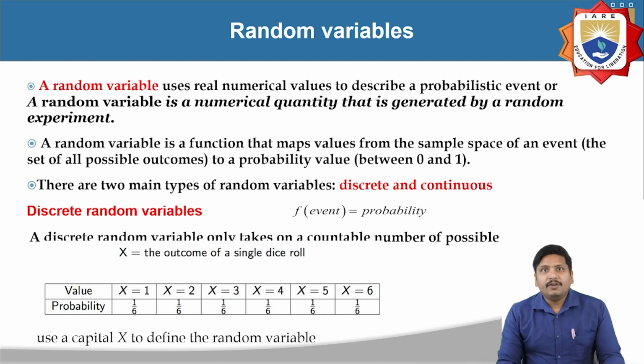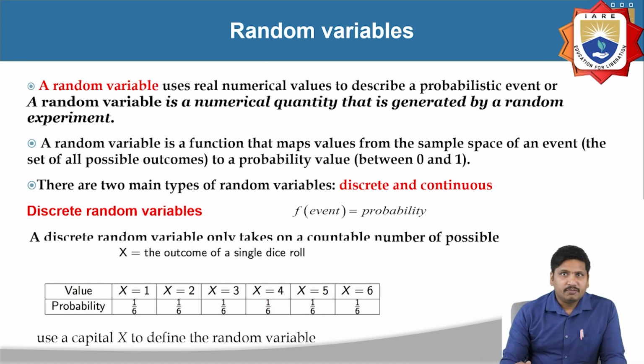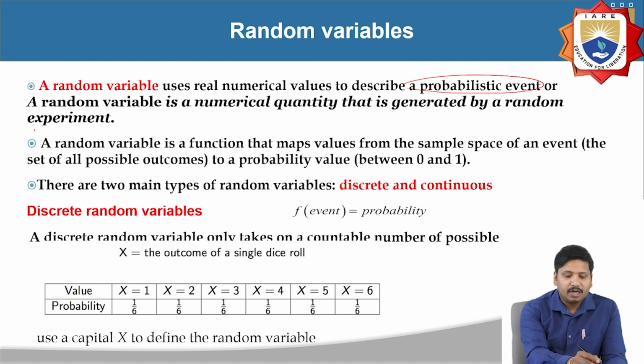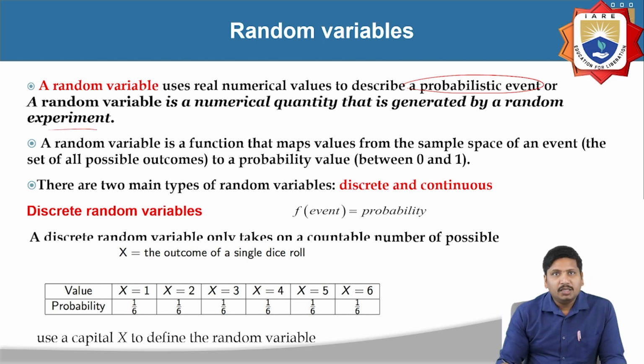Here the random variable uses several numerical values that describe the probabilistic event, or it may be a numerical quantity generated by a random experiment.